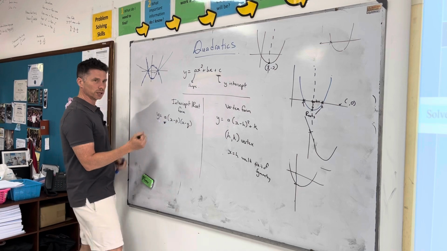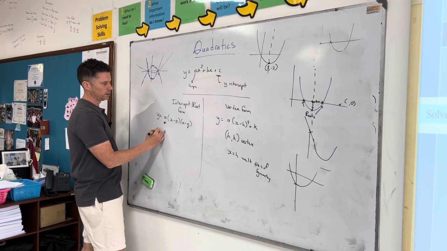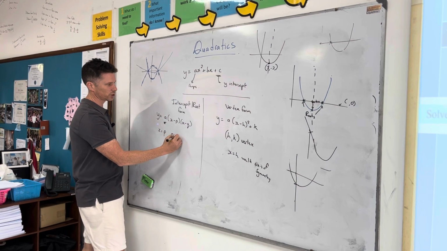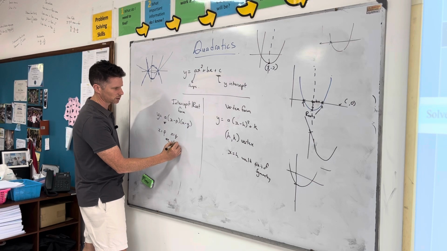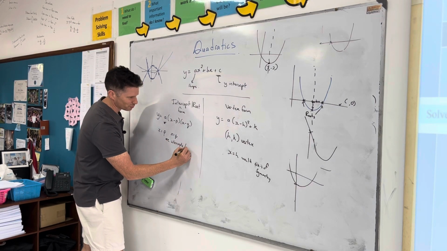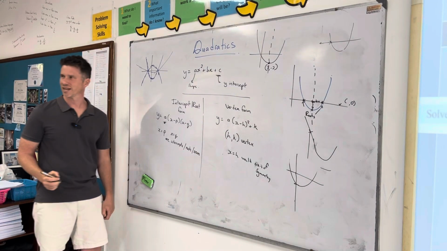So p and q here. x equals p and x equals q are what? Intercepts, yeah, or roots or zeros of the equation. And the a determines the shape.